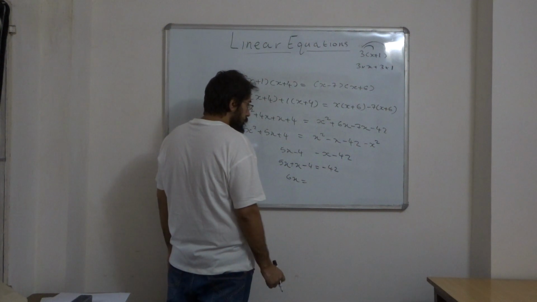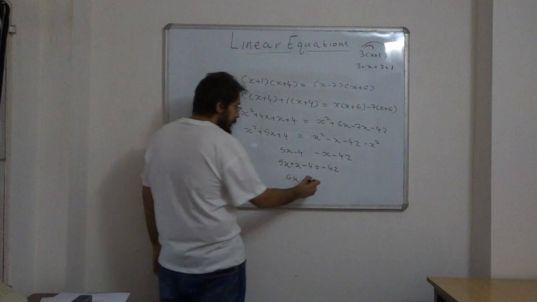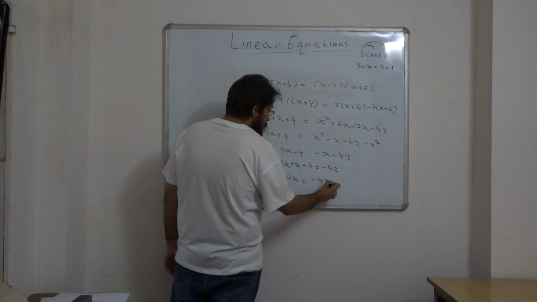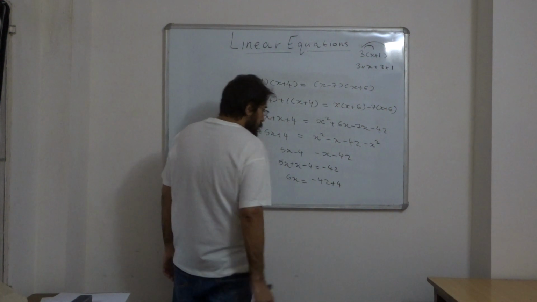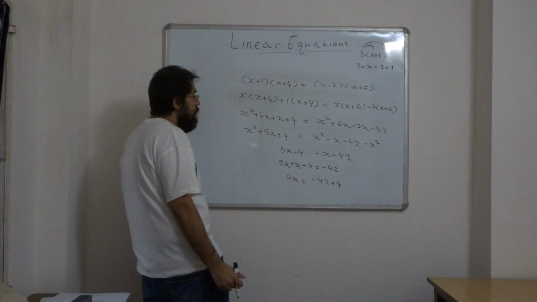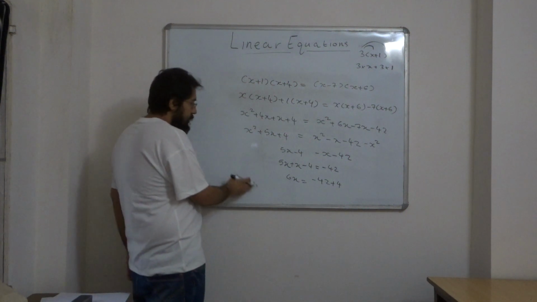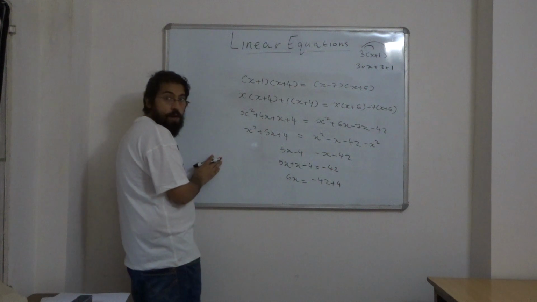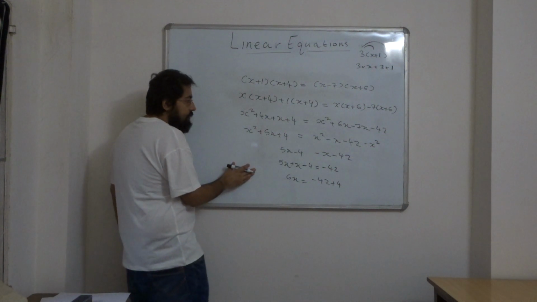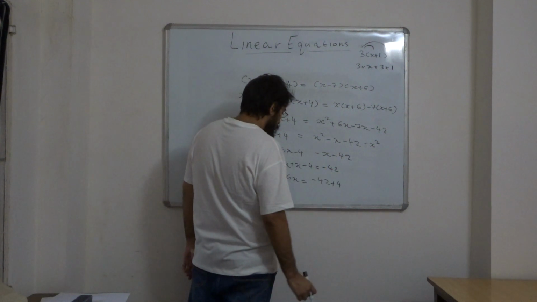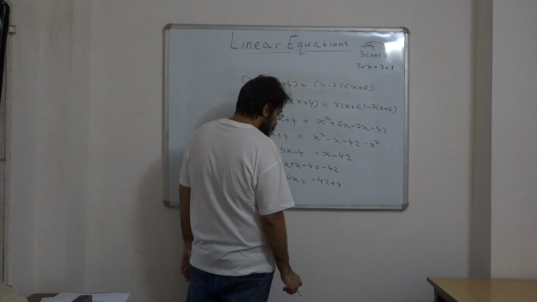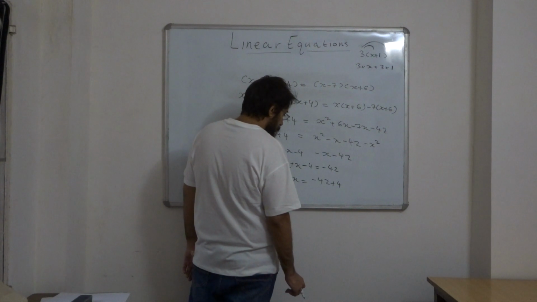You have 6x. So then you have negative 42 plus 4. So what does negative 42 plus 4 equal? What does it equal? I'm going to write it here.